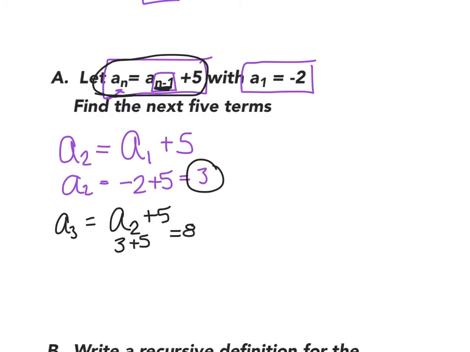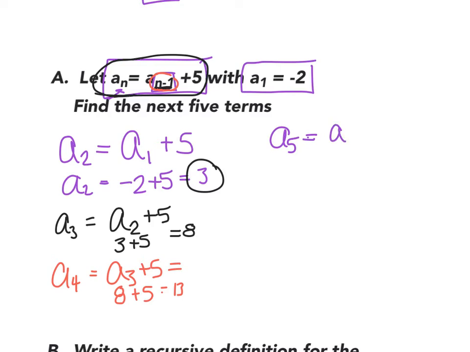And then I'll get the next one because it asks for the next 5 terms. A sub 4. So I'm just going to carefully go and replace all my n's with the number 4. So I get a sub 4 minus 1 is 3. Notice how I'm using the previous term, plus 5. And that's going to get me 8 plus 5, so 13. And then I'll go get a sub 5. So plugging in all my 5's as n, I get a sub 5 minus 1 is 4, plus 5.